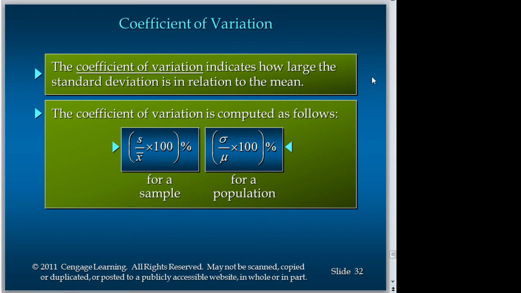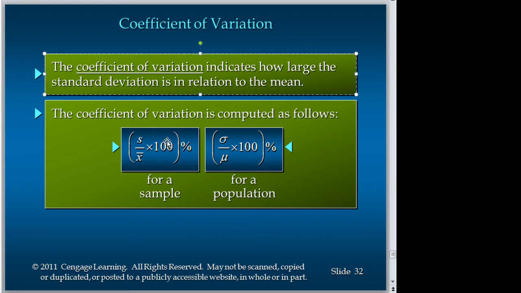Or just because you got smaller standard deviation in smaller number set, that doesn't mean that it's more concentrated, right? So you need to see this standard deviation in proportion to what? Proportion to mean. That's what they mean by in relation to the mean. They want to see the standard deviation in proportion to the mean.